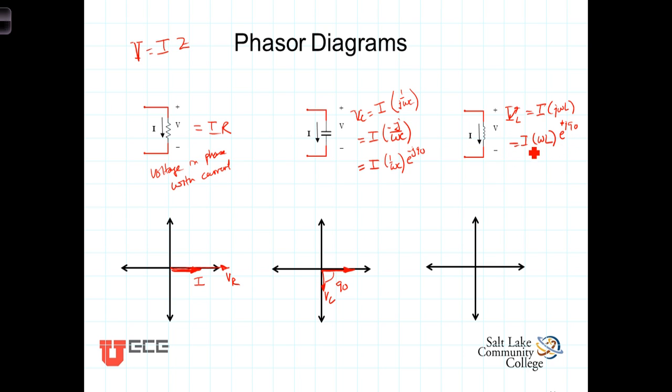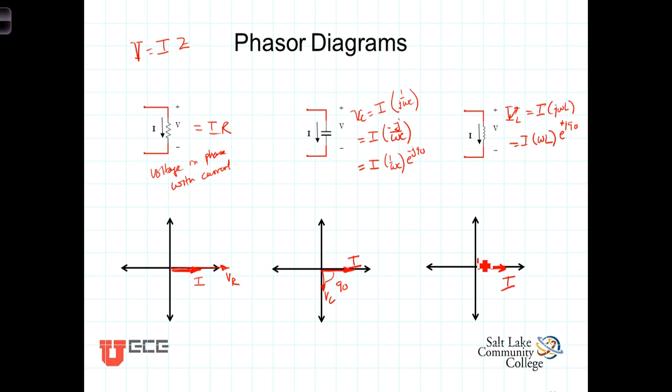Whatever the phase of the current is, when it gets multiplied by the impedance of the inductor, which has this positive 90 phase term with it, that positive 90 gets added to the phase of the current, and the voltage will be 90 degrees ahead of the current. So over here we had that being I. Once again, we'll reference I, just arbitrarily choosing it to have a zero phase.